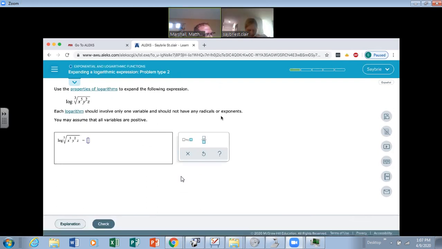Okay, log cubic root 3 x 5th y squared z. Okay, the first thing I'm going to do is write that instead of 3rd root, the 3rd root is to the 1/3 power.